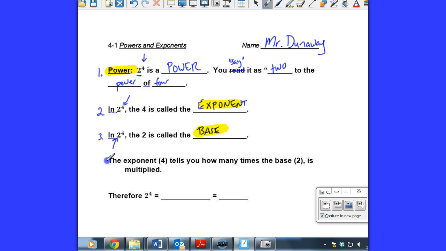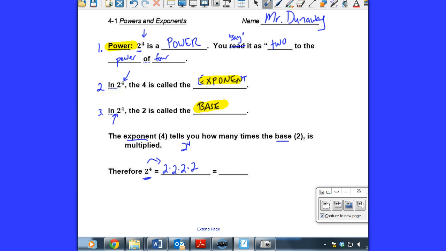Well, to solve that problem, the exponent, in this case the 4 in 2 to the 4th, tells you how many times the base is multiplied. Therefore, in 2 to the 4th power, you have the base multiplied 4 times, like this. 2 to the 4th is equal to 2 times 2 times 2 times 2.